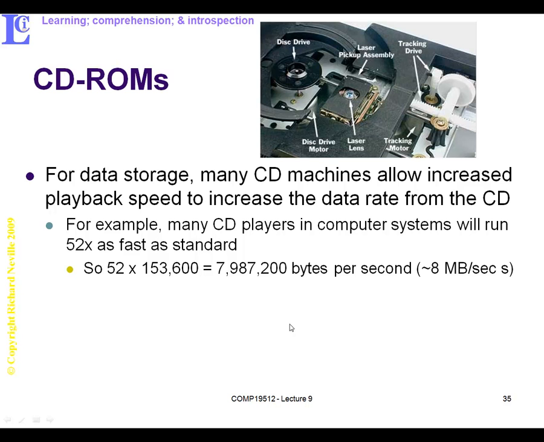So it can run faster than that. Particular CD players can run at 52 times the standard data rate. So this can run at a very high data transfer, approximately 8 megabits a second. So if it's running at 52 times standard spin speed, it's running at 8 megabits a second.